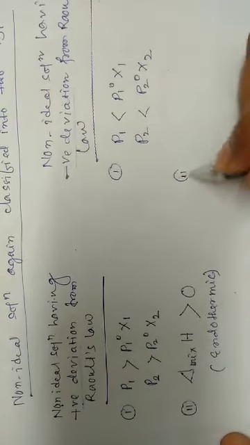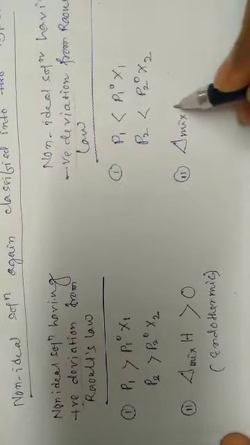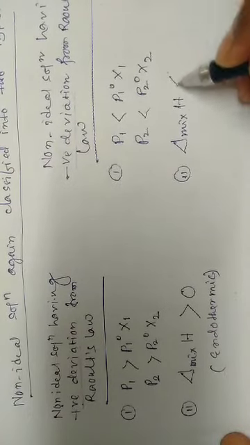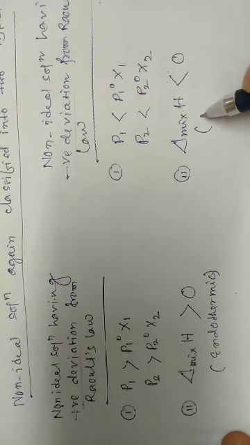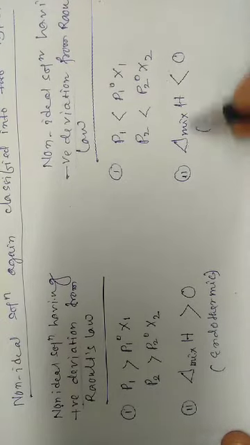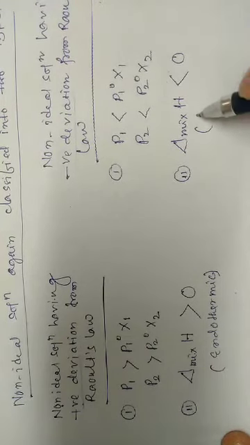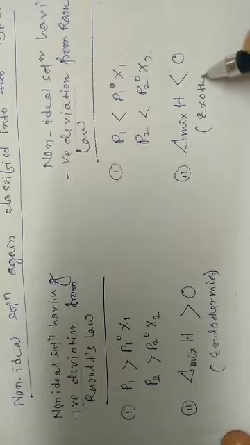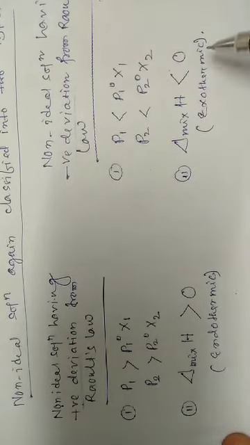But in negative deviation, enthalpy change during the mixing of two components is less than 0. Less than 0 means negative ΔH, enthalpy change is negative. Negative means the process is exothermic. That means heat is released.